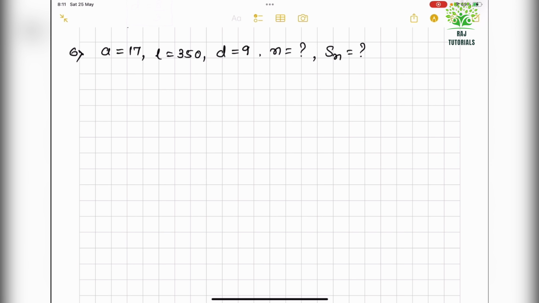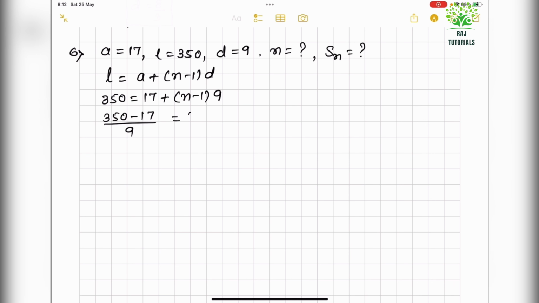So we know that L equal to A plus n minus 1 D. So 350 equal to 17 plus n minus 1 into 9. So 350 minus 17 upon 9 equal to n minus 1. So n minus 1 equal to 37. So n equal to 38.